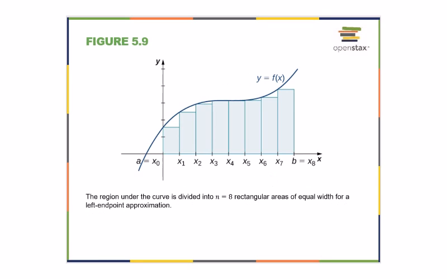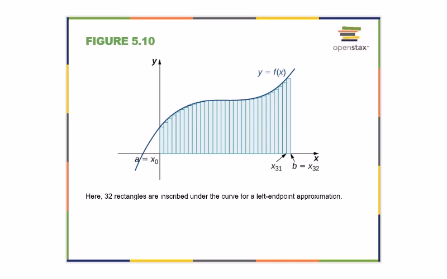If we increased our n to 8 under the same curve, then we get smaller spaces, smaller gaps. And if we increased our n to 32, now we can see that we get super tiny gaps, so that's going to be an even more accurate depiction.